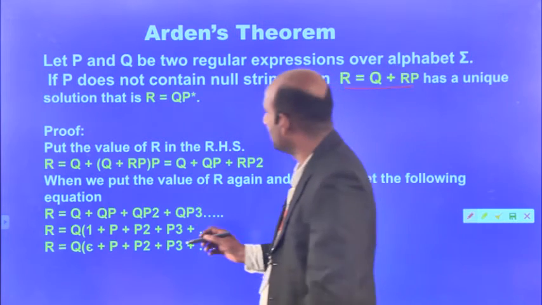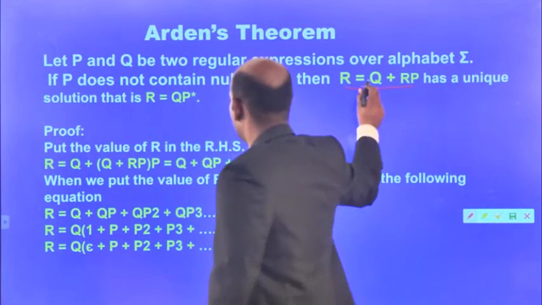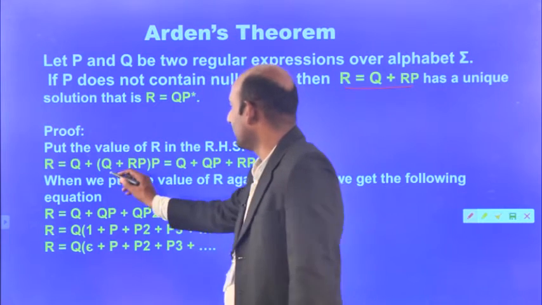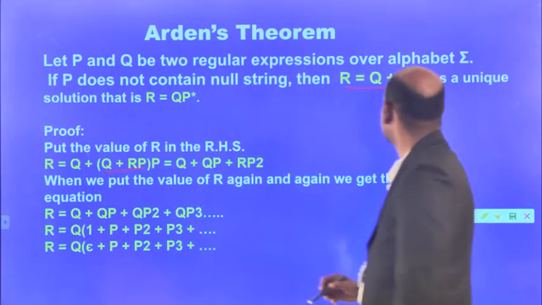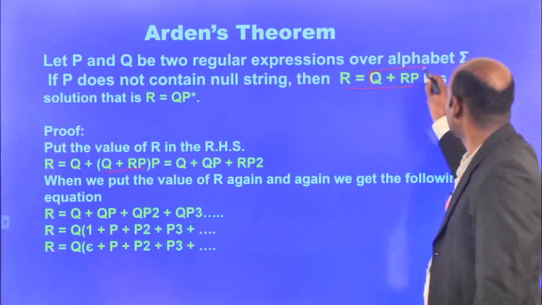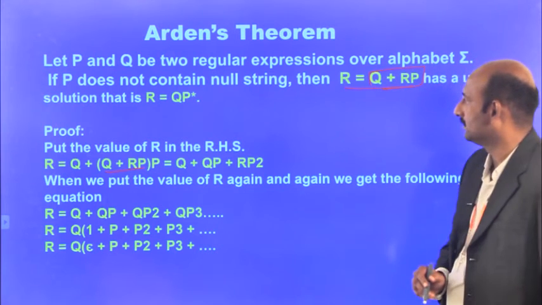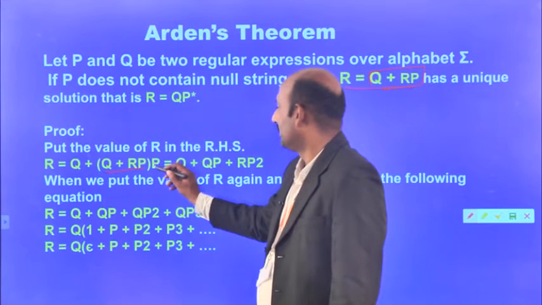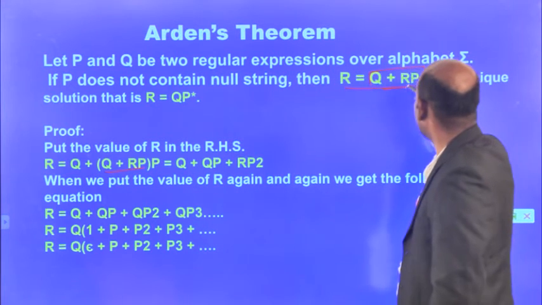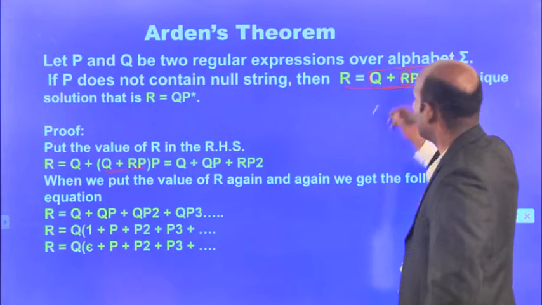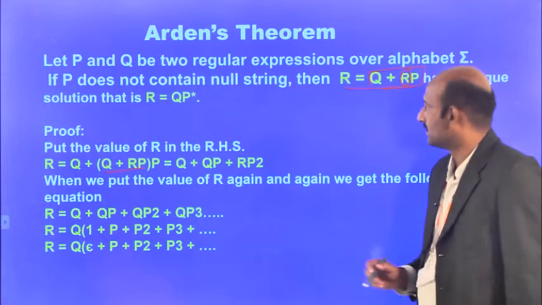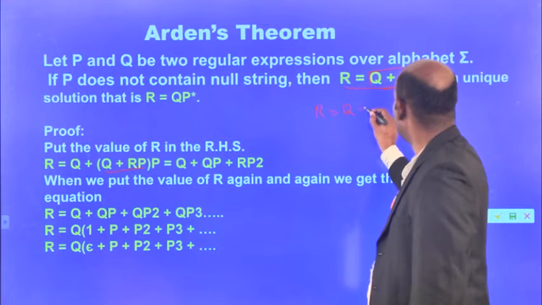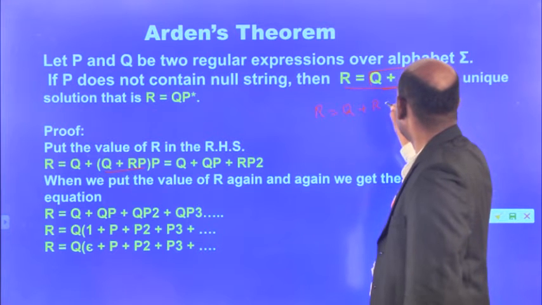So we write Q plus RP, followed by P, for this R.